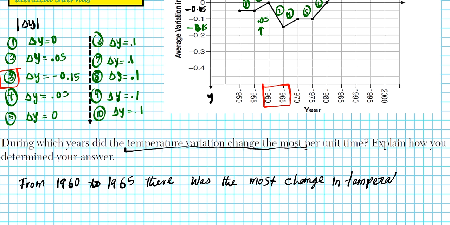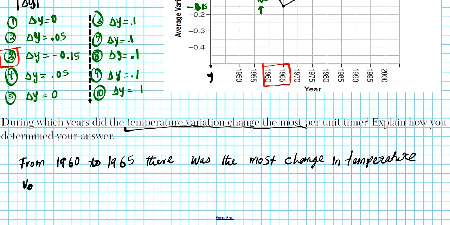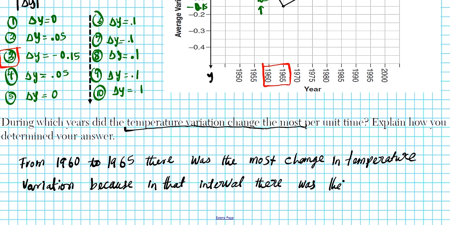Okay, temperature variation. Why is that the case? Because in that interval, there was the greatest change in temperature of what? What was the change in temperature here?